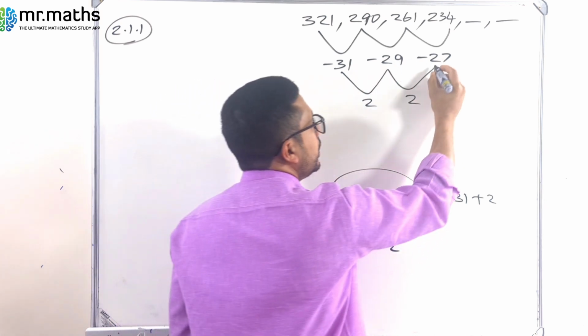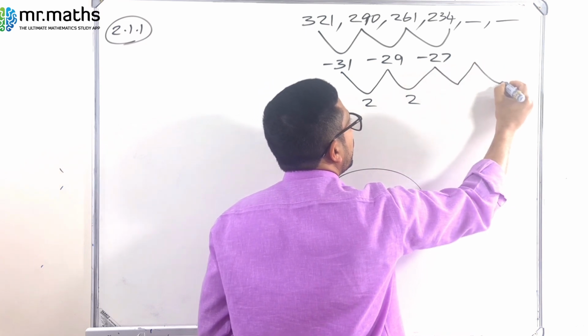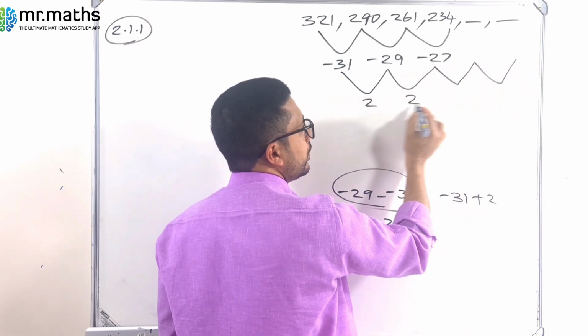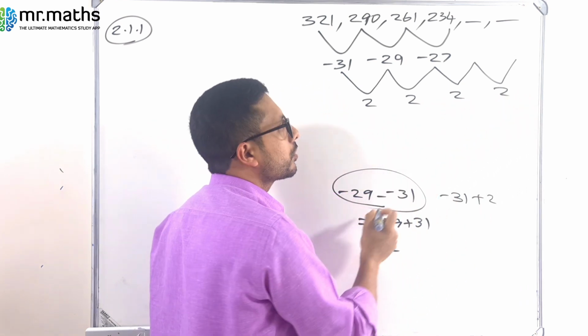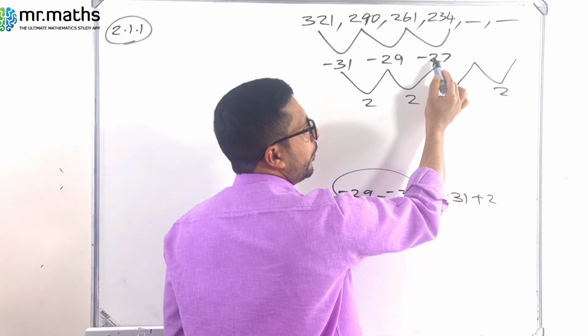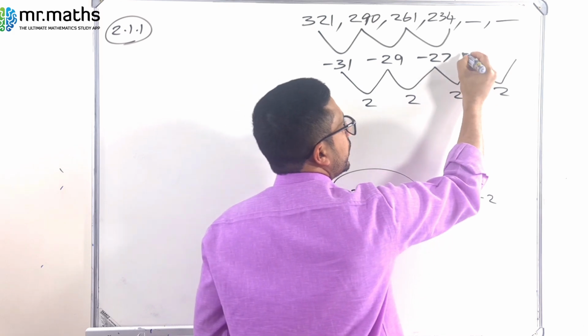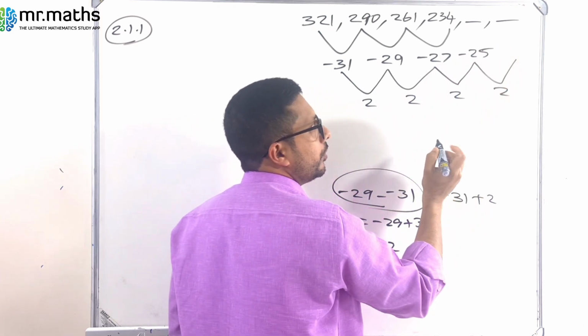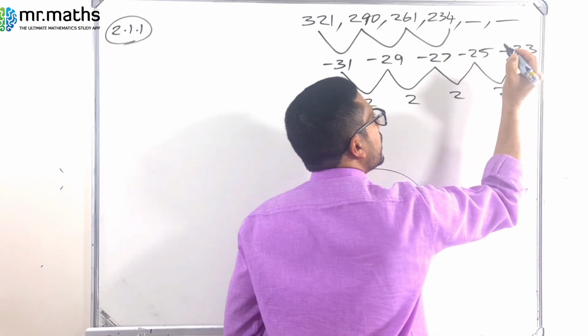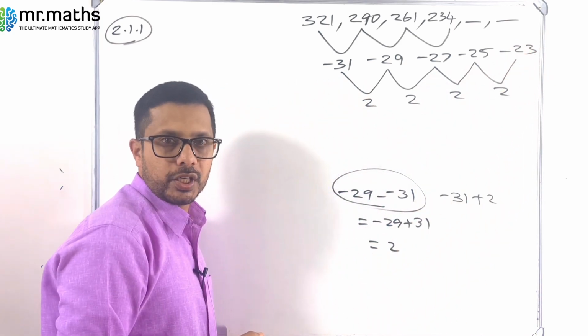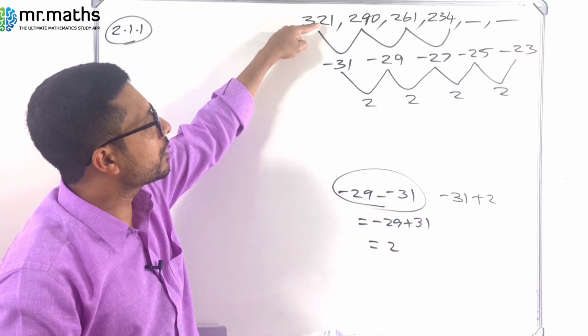In a quadratic sequence the second difference is constant, so here it is 2, here also it is 2. Now how can I find this number? Minus 27 plus 2, this one is going to be minus 25. Minus 25 plus 2, that one is going to be minus 23. You understand?